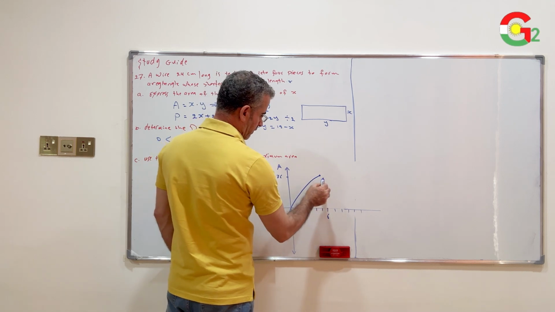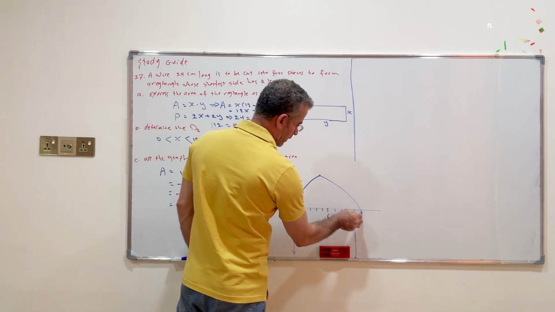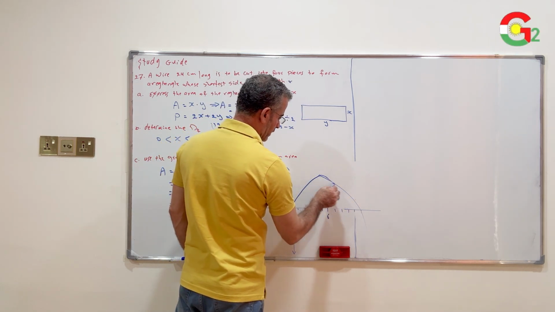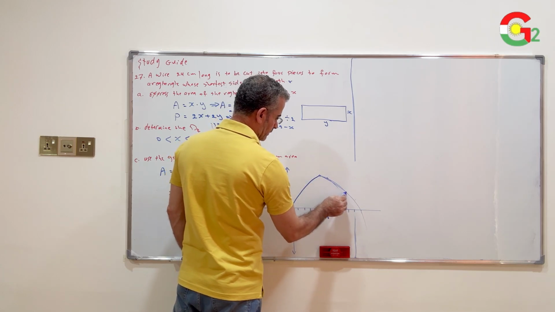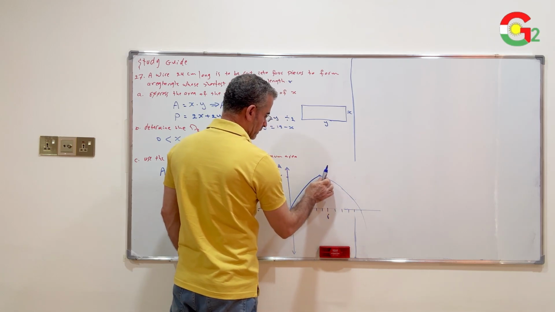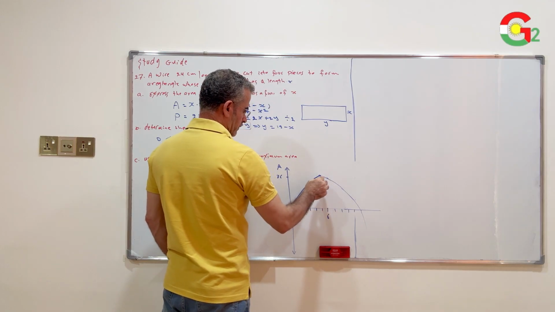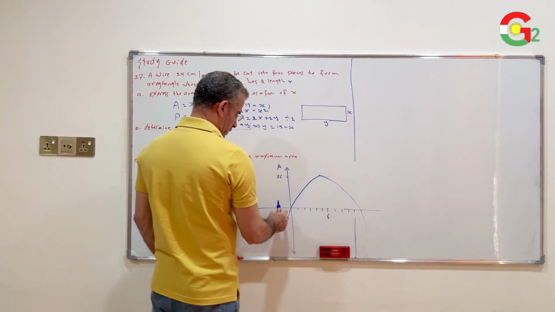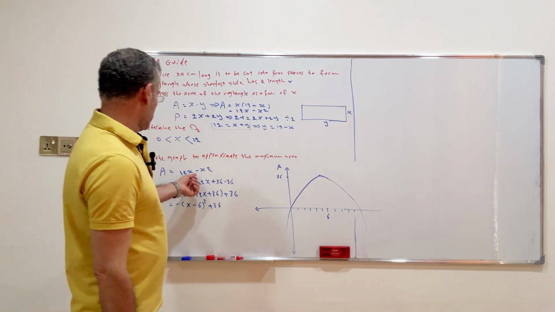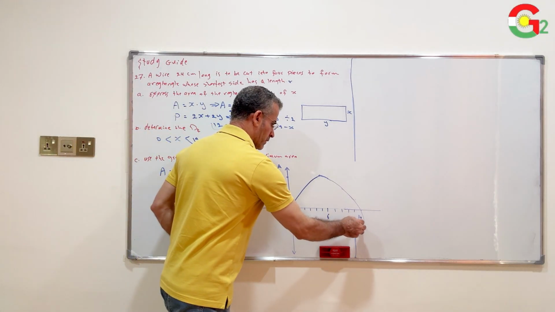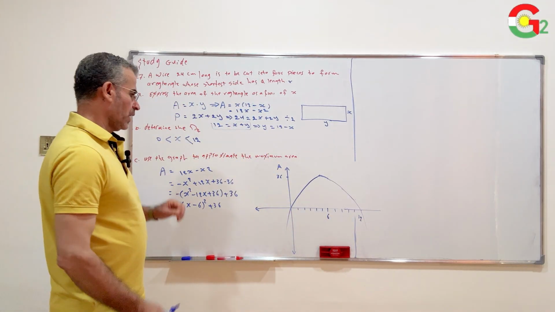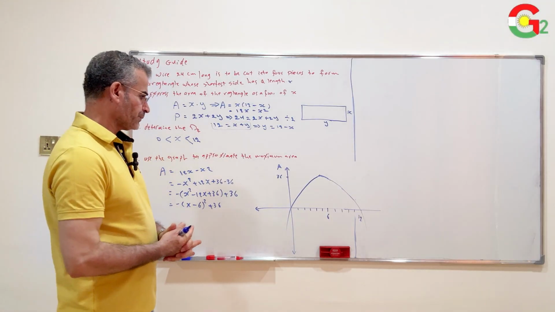We have a graph like this. When x is 0, the area is also 0. When x is 12, the area is also 0.